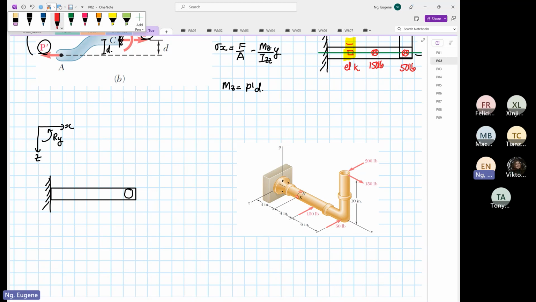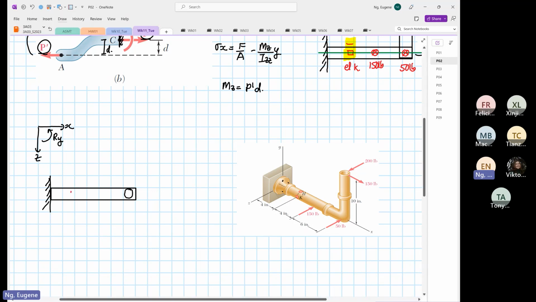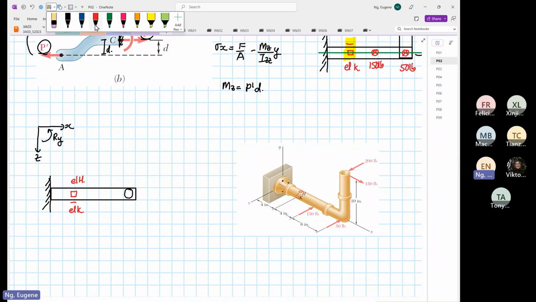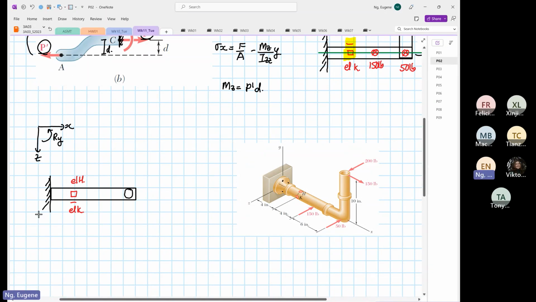Over here, this is your element H, and over here, this is your element K. And then the next thing that we draw is our centroid. It's important to put in your centroid, the green line, relative to the element of interest.